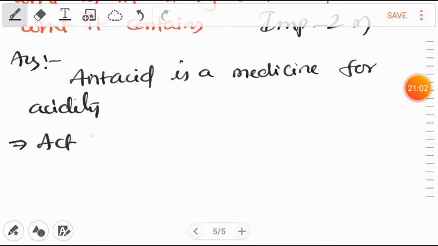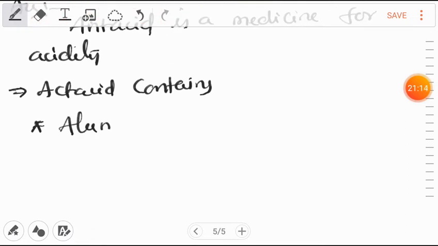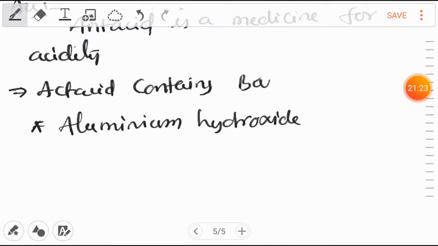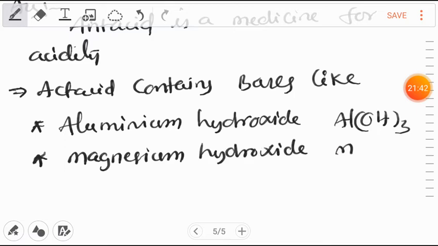Antacid contains, first one, aluminum hydroxide, that means it contains bases, aluminum hydroxide Al(OH)3, and next one magnesium hydroxide Mg(OH)2. Why are we using bases?